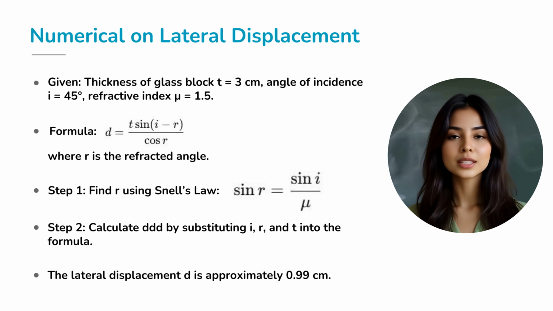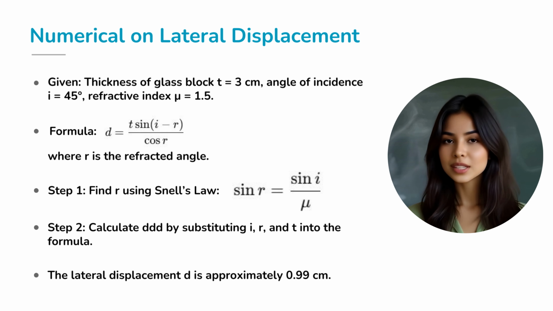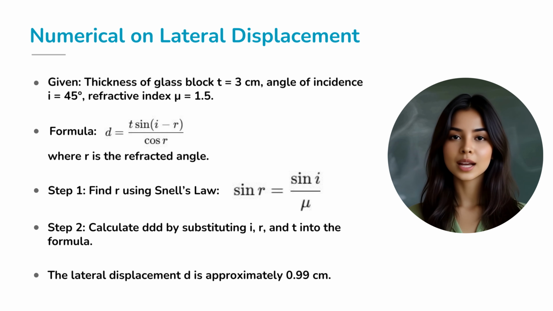Let's apply this in a calculation. Suppose we have a glass block of thickness 3 cm with an angle of incidence of 45 degrees and a refractive index of 1.5. Step 1. We use Snell's law, sine r equals sine i divided by mu. That's sine 45 degrees divided by 1.5.